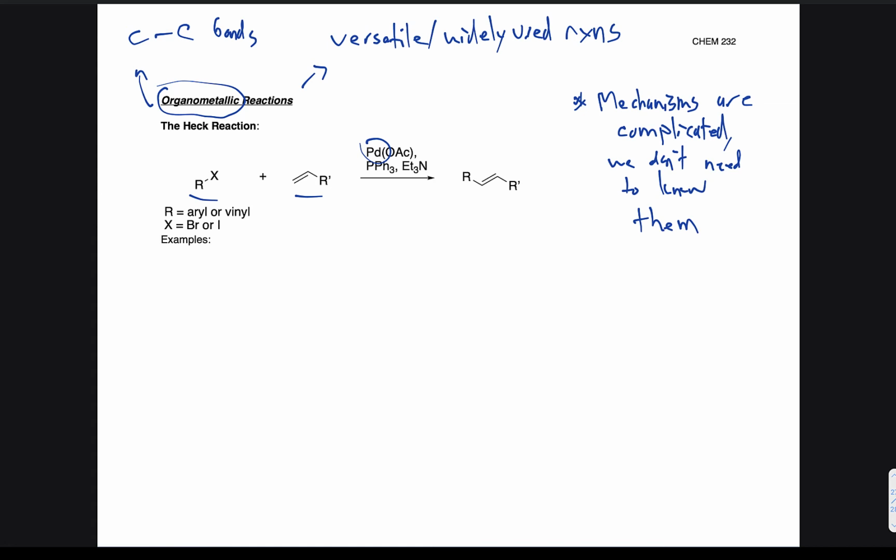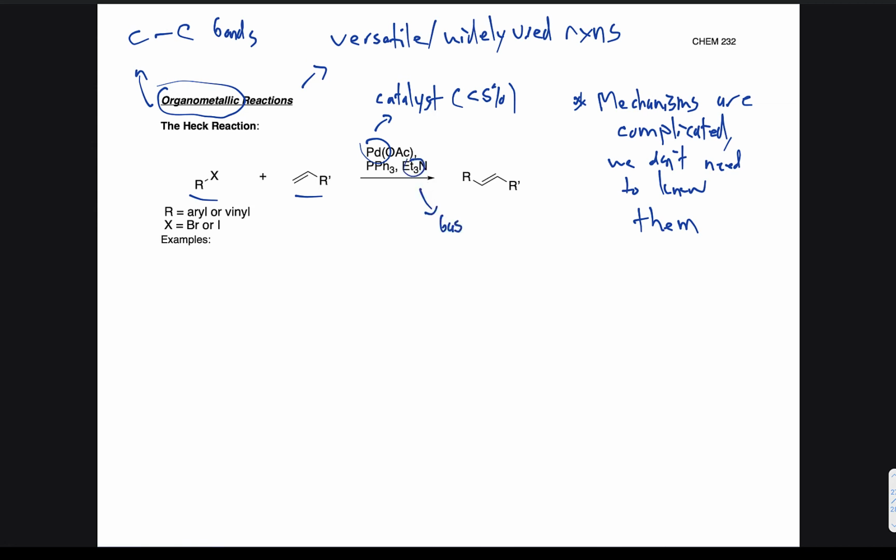What we're going to be seeing for each of these is that we're using palladium. This is our catalyst, which typically means we're using less than 5% of it based on everything else. The catalyst regenerates in the reaction, so it helps facilitate the reaction, it reforms, and it continues to facilitate the reaction.